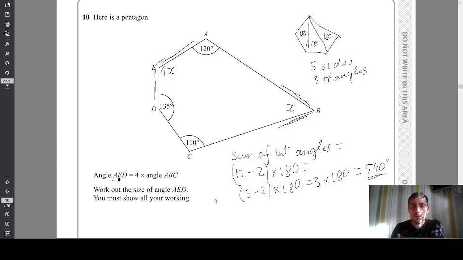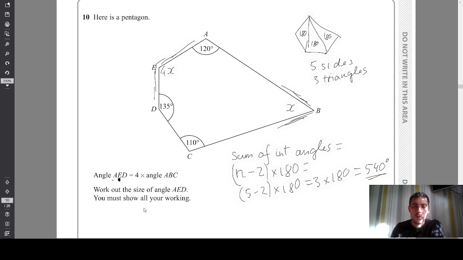So let's start. Usually I would recommend to choose any angle and just go in any direction, clockwise or anti-clockwise. So I'm just choosing angle 120, so that way I know that I'm not going to miss any of the angles. So let's start.